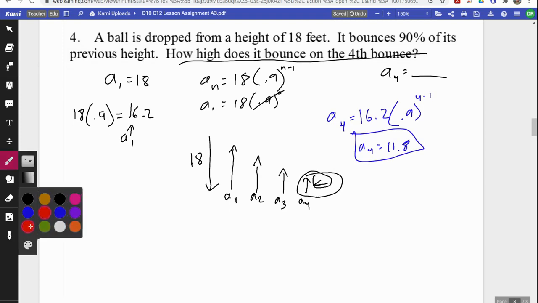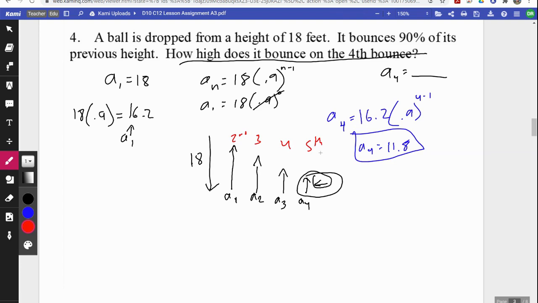Okay, and I'll do it in red here. So if we're talking about how high does it bounce on the fourth bounce, that means that if the fourth bounce is the fifth height, so we would say because the first height is 18 and it hasn't bounced yet, then first bounce is the second height, third height, fourth height, fifth height.